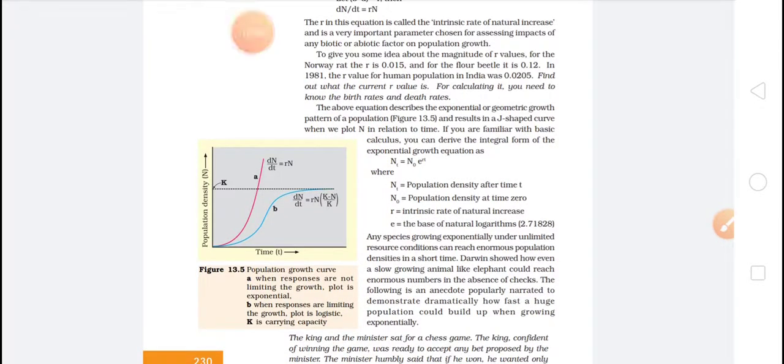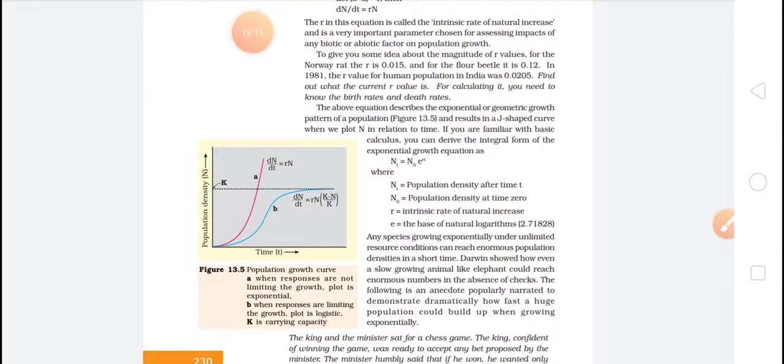So in the exponential curve, that is in A, we will get a J-shaped curve because all the resources are available, and as they have these resources, the density is very good.